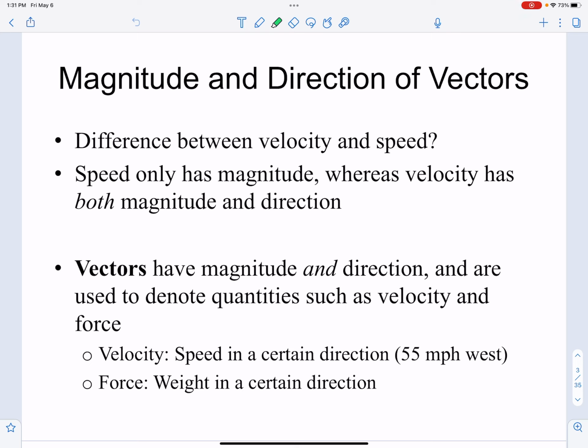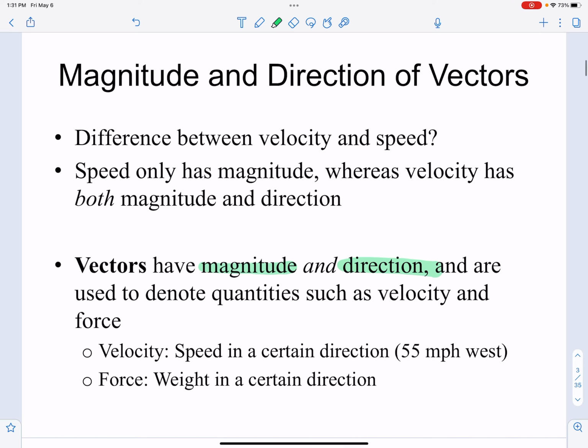Velocity has both magnitude and direction, and velocity is a vector quantity. So vectors have both magnitude and direction, and are used to denote quantities such as velocity as well as force. Velocity is speed in a certain direction, and force is weight in a certain direction.